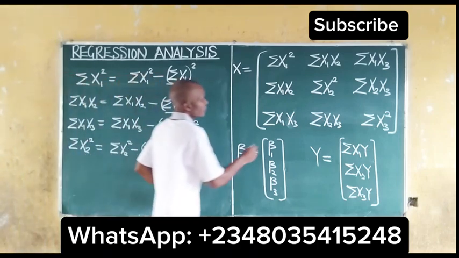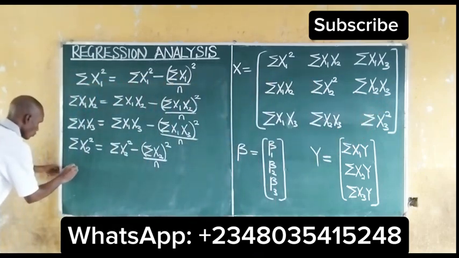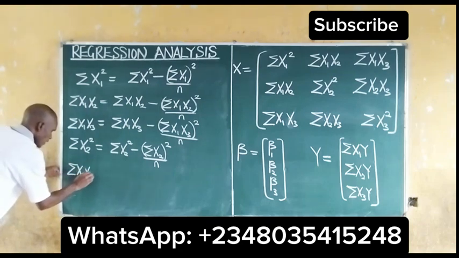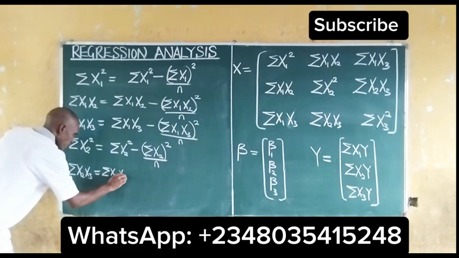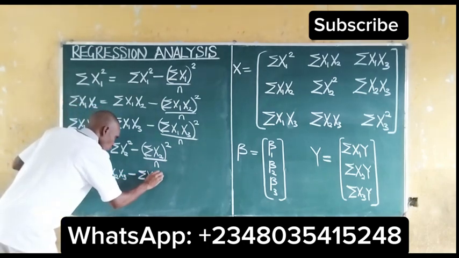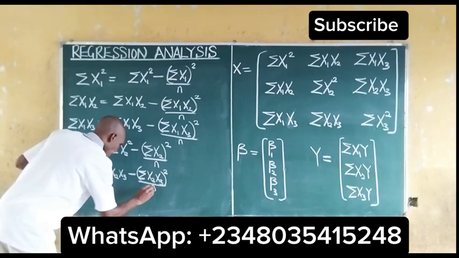We also have summation of x2 x3, which is equal to summation of x2 x3 minus summation of x2 times summation of x3 all over n.